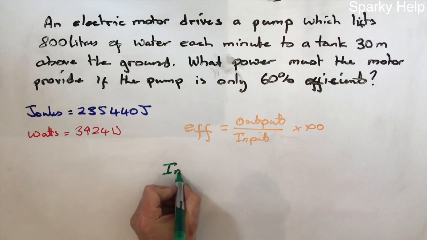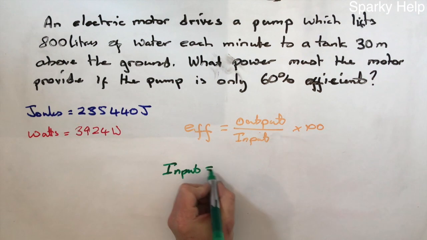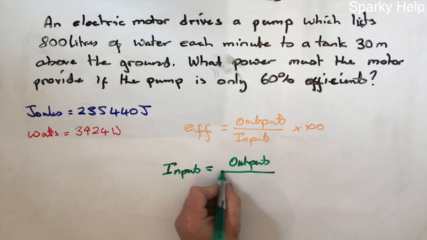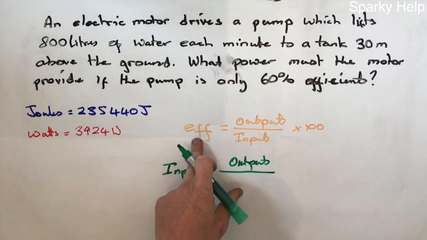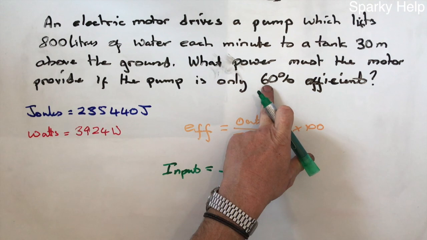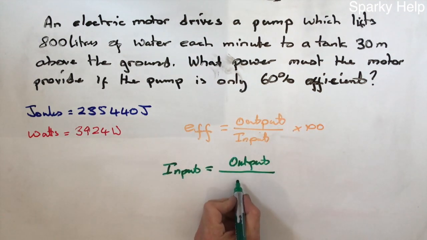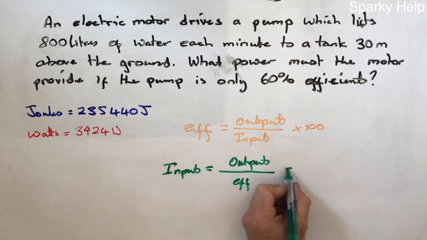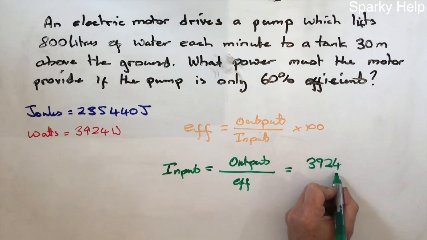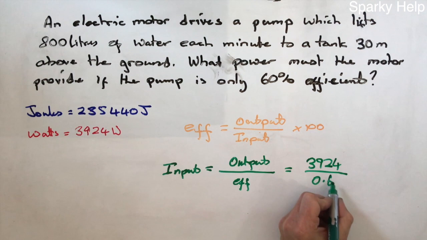So the input power is equal to the output divided by the efficiency, which we've already divided by 100, so that is 0.6. If we put that figure in, we do 3924 divided by 0.6.